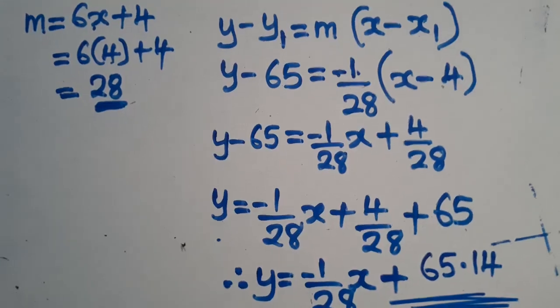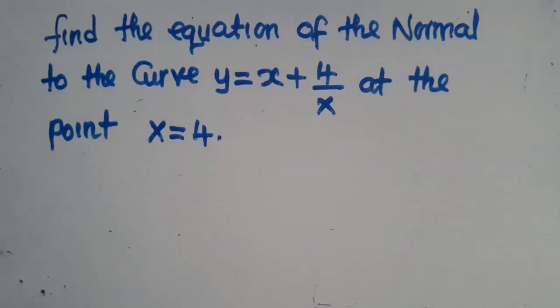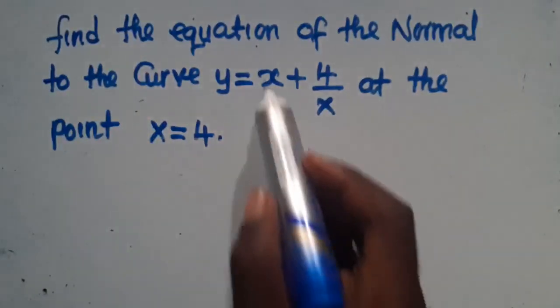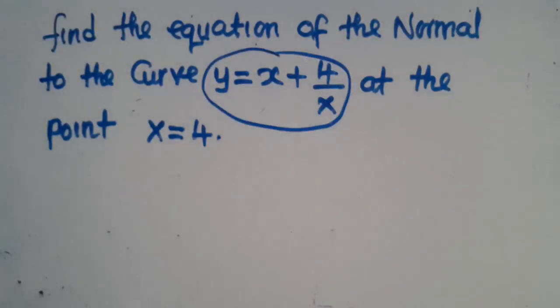So lastly, let us now look at the last example on this. You have this question. Find the equation of the normal to the curve y equals that. The first thing you need to do is differentiate. I already differentiated that one when I was just starting.